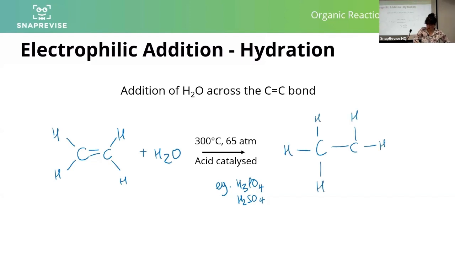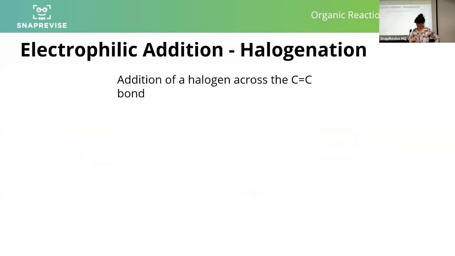We add the hydrogen on one side of the bond and OH on the other. In this case, we've got a symmetrical alkene, so it's easy to work out what the product is going to be. We will, in a second, think about what happens when we have unsymmetrical alkenes. That's what I want to spend a little bit longer on.